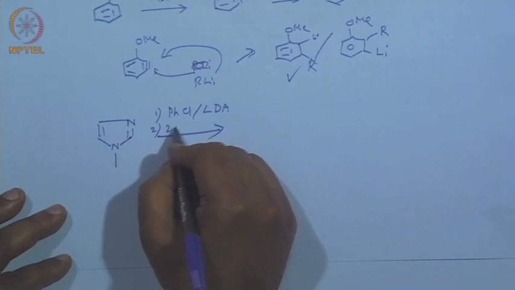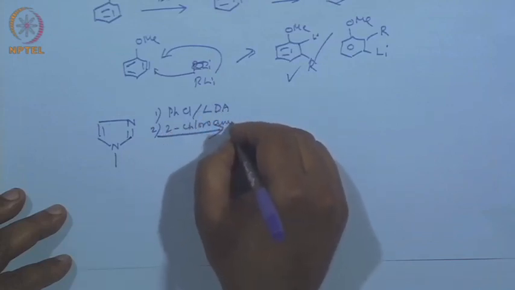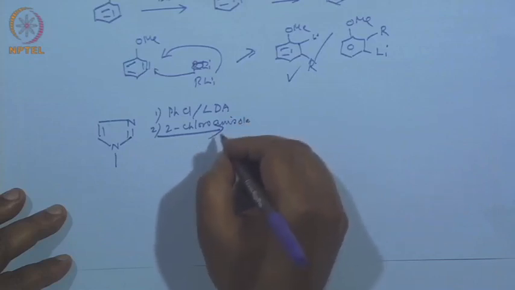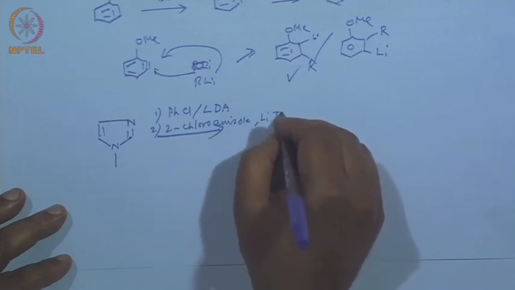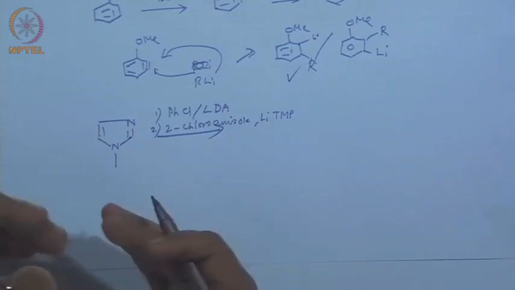Second is 2-chloroanisole and lithium TMP. So, what do you expect? There are two very similar reactions. Sometimes the choice of bases is done on the basis of experience, trial and error, etc. Okay. Now, what product do you expect?